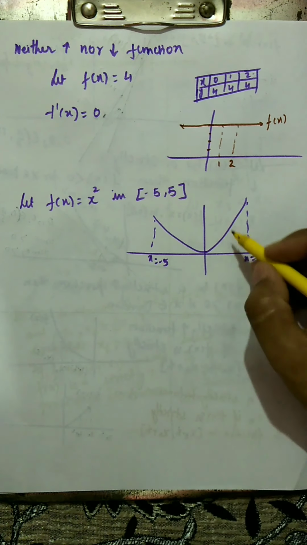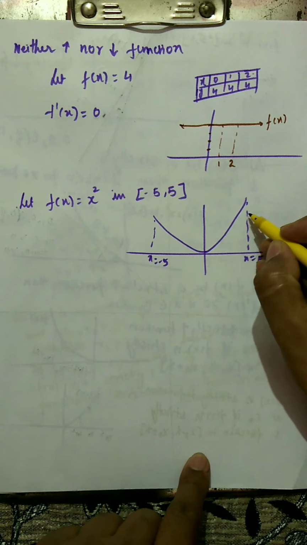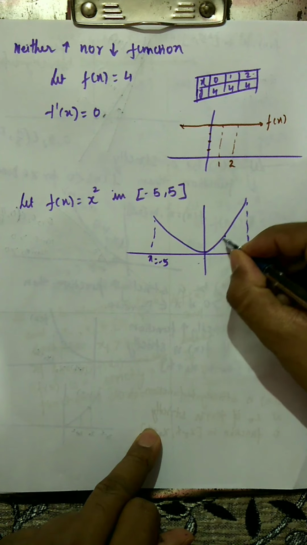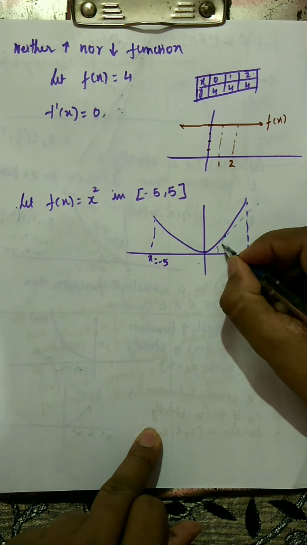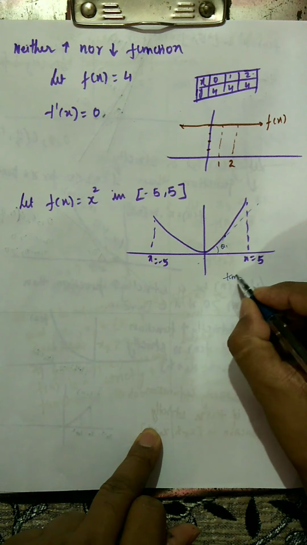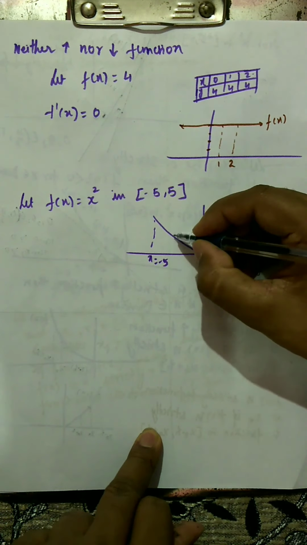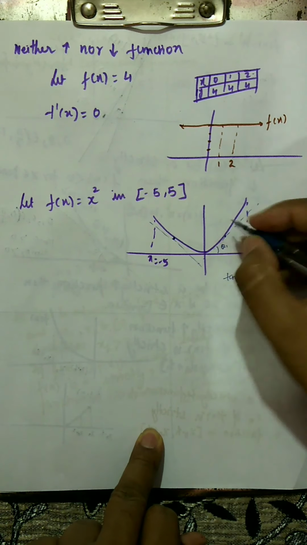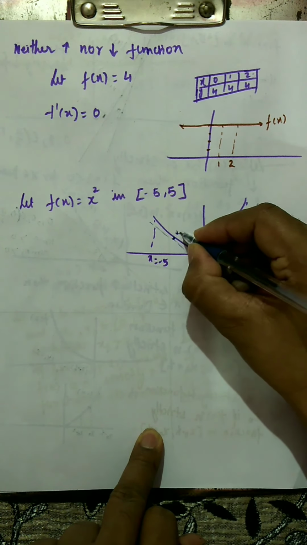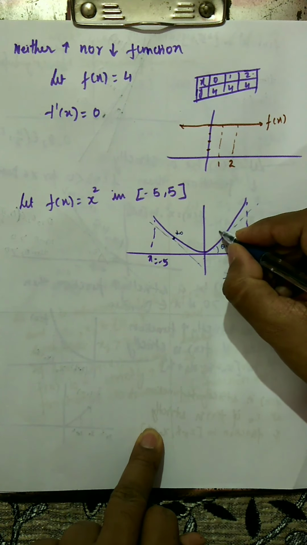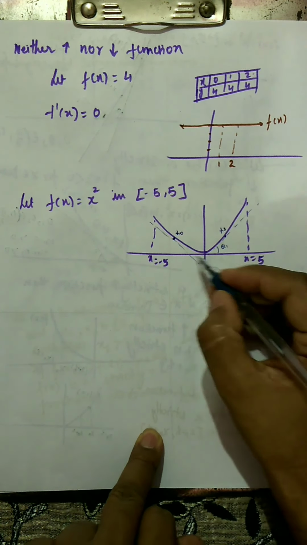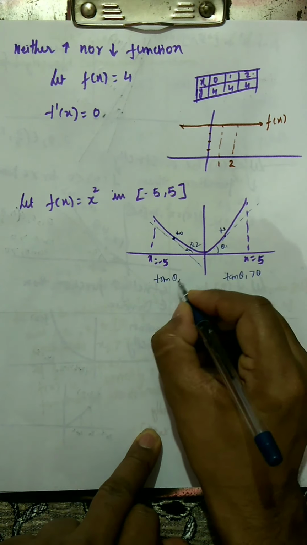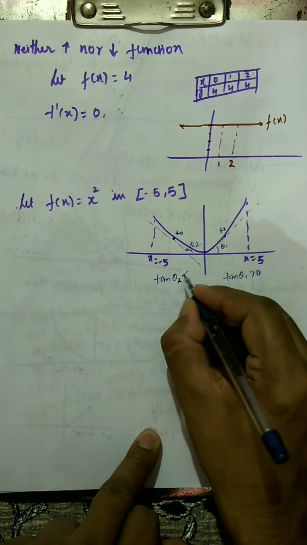Why can we say this? Because if I draw the tangent here, the slope will be positive, because if this angle is theta 1, then tan theta 1 will be greater than 0. And if I draw the tangent at this other point, let's say this is my x naught and this is some point x1, this angle is obtuse, this is theta 2, and tan theta 2 will be less than 0.